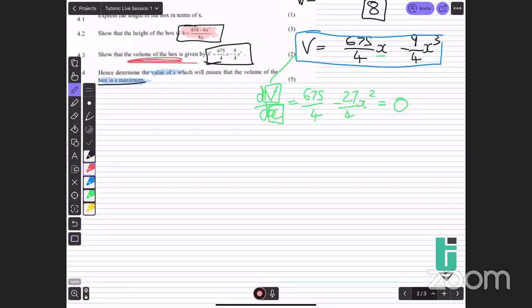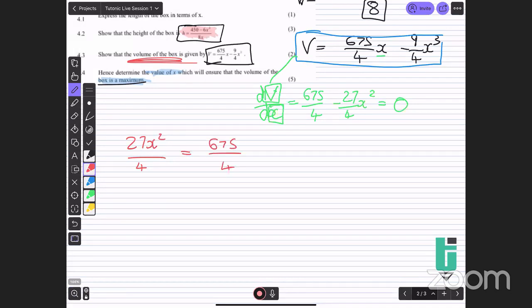And so what's next? The x squared we can bring to the other side. Yes, so it's 27x squared over 4 equals 675 over 4.